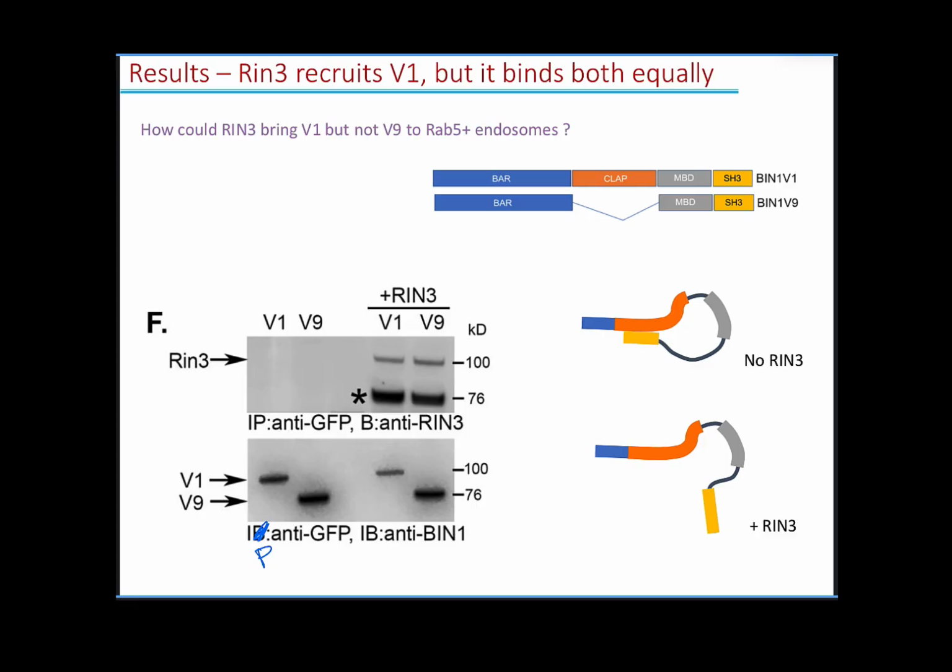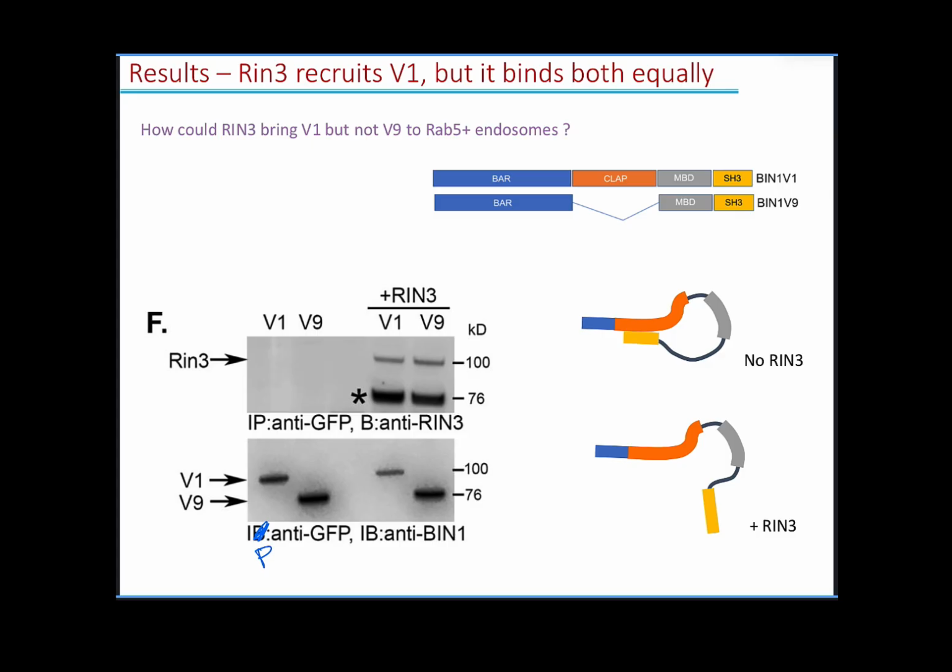Mind you, GFP is genetically fused to BIN1 in these constructs. They've introduced these fusion proteins into the cells, so it's no wonder that when you bring down GFP, you will bring down along with it BIN1, either the V1 variant or the V9 variant, depending on which sample you're looking at. And that's what we see down here. They bring down GFP, they look for BIN1, and sure enough, they see V1 or V9.